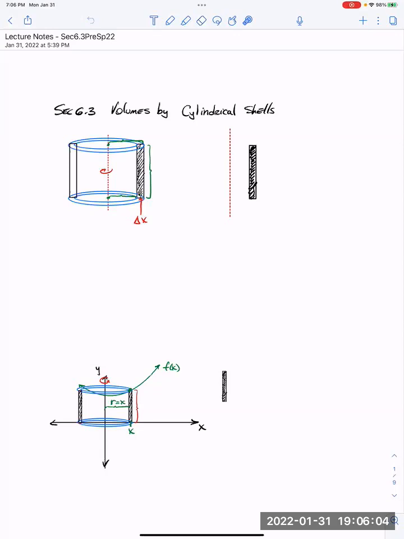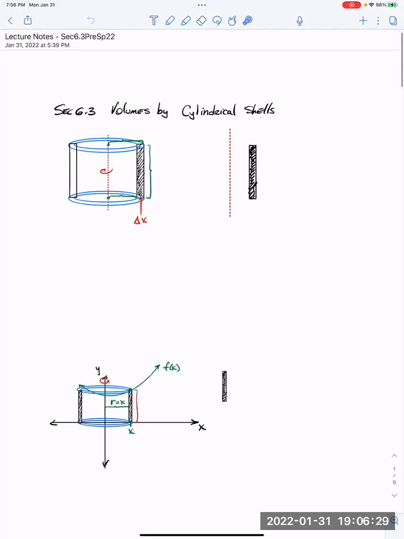So when you take a partition right here that's vertical and you're rotating it about a vertical axis, notice this partition is parallel to that axis of rotation.